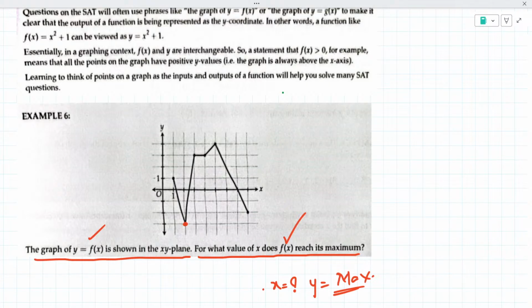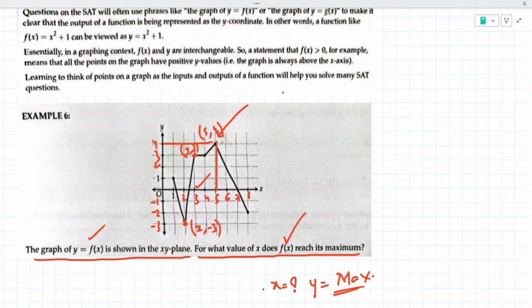So you can see, if you take this point, what is the point here? Let's say this is -1, -2, -3, and this is 2, 3, 4, 5, 6, 7, 8. If you take this point, x is 2, y is -3. If you take this, x is 3, y is 3. If you take this point, x is 5, y is 4.